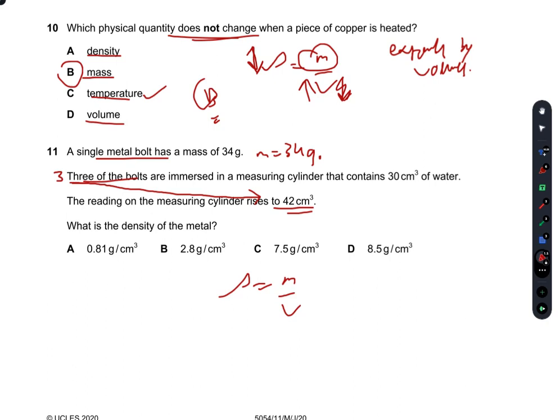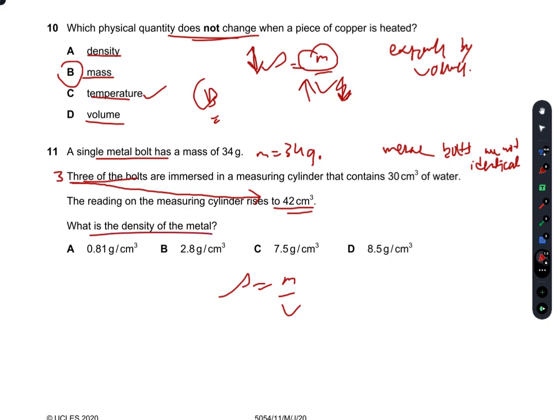It is wrong because these metal bolts are not identical, which means each one of them possesses a different volume. So now we have to find the density.